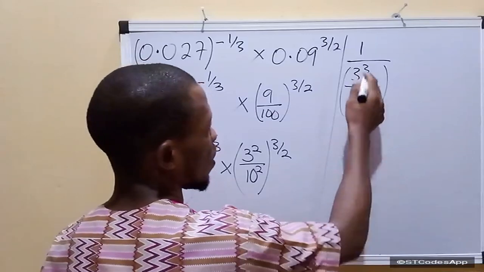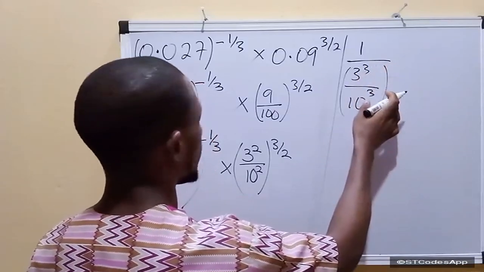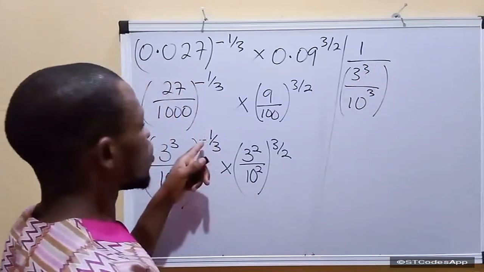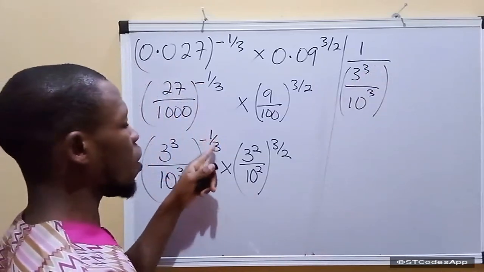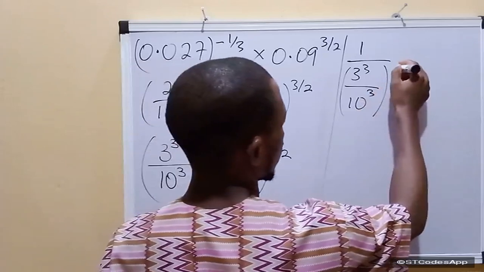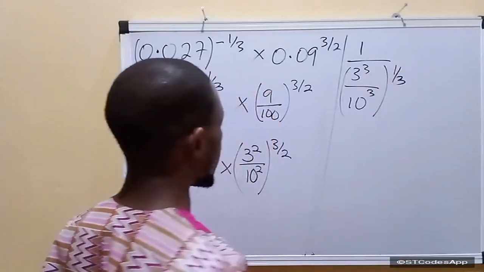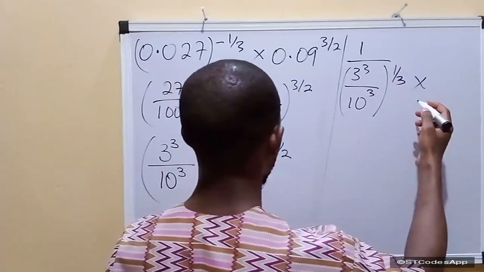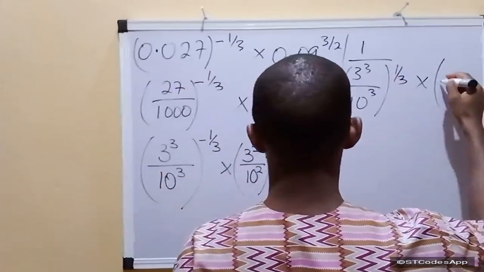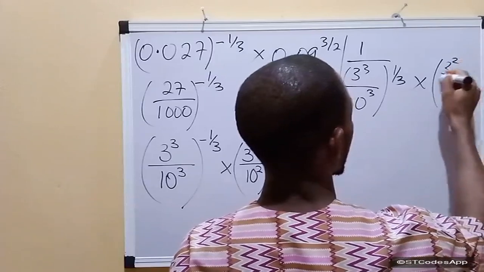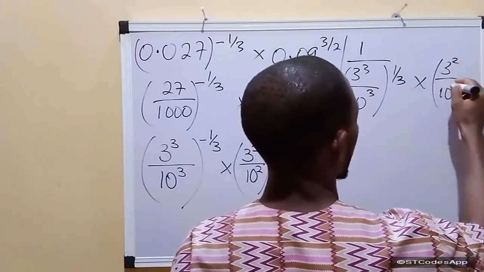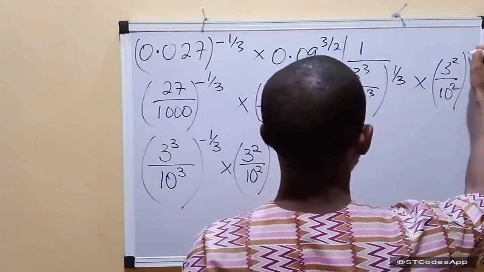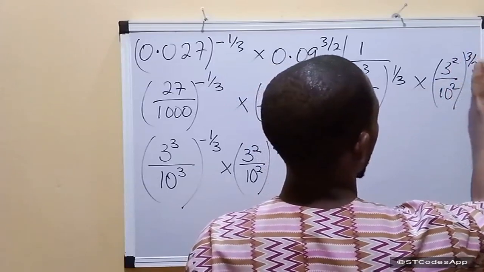Now, this is going to be raised to the power of the positive index. So the positive index here is going to be 1 all over 3, which in itself is a fraction, times 3 raised to the power 2 all over 10 raised to the power 2 in brackets 3 all over 2.